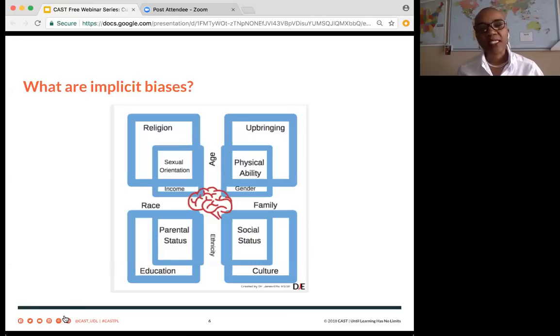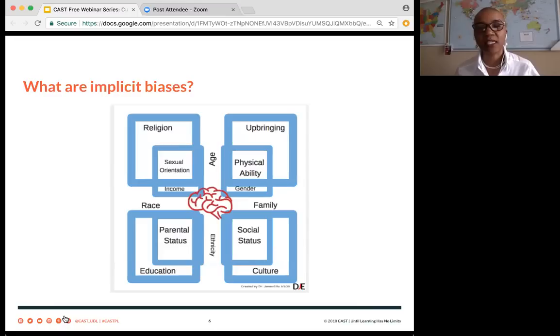So when we place labels and put boxes on individuals, we are not opening ourselves to see beyond the surface. We're placing assumptions and judgments simply because we're just seeing the surface, and then unknowingly having these implicit biases.